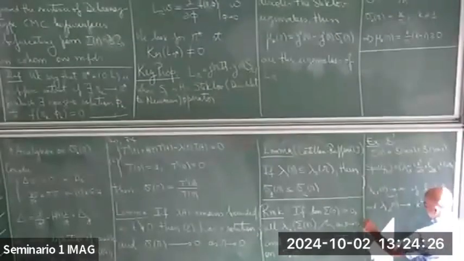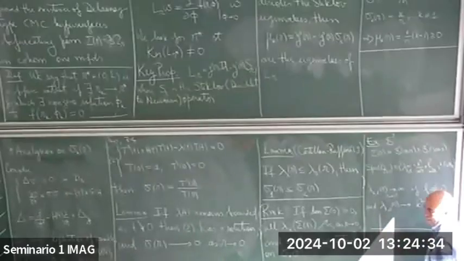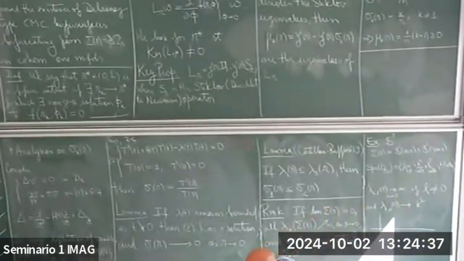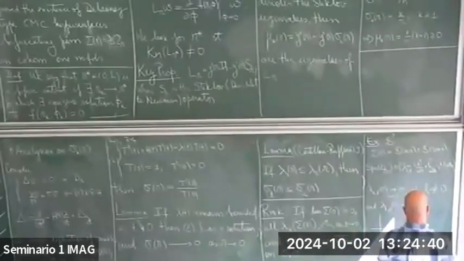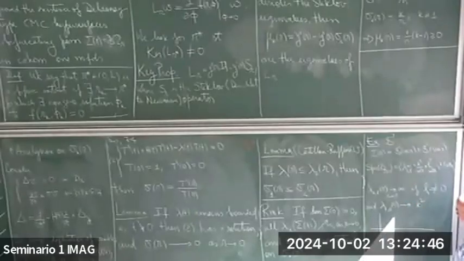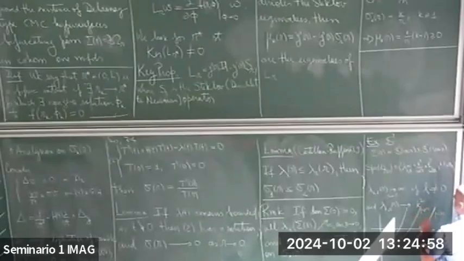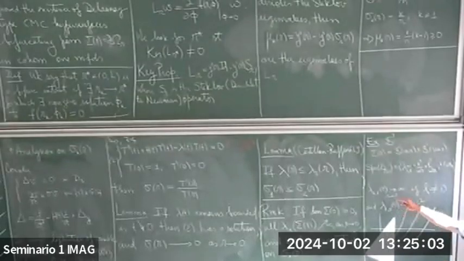I will just draw a picture. We can prove this is minus 1/2, and you can see that the corresponding eigenvalues to the linearized operator converge to minus 1/2.